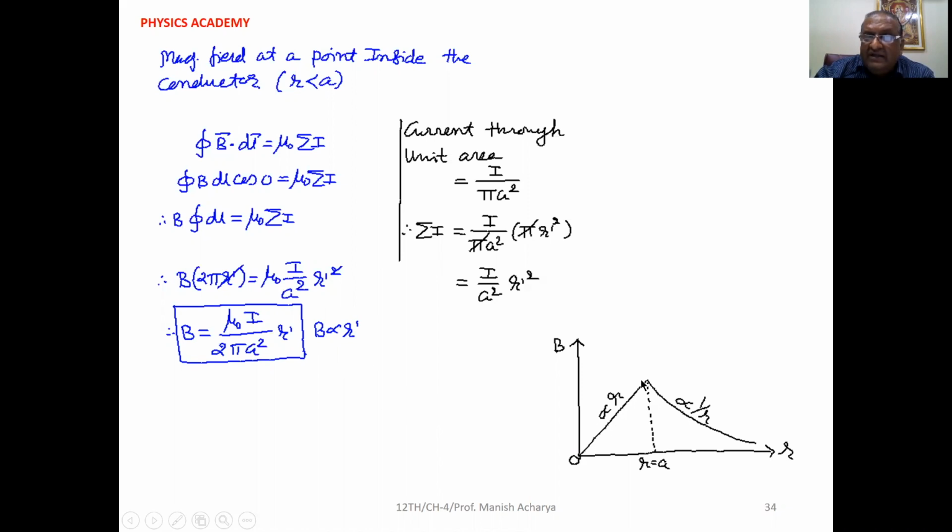So it is a straight line graph. Then outside it, magnetic field is proportional to 1 upon r, meaning from the surface it decreases as we move away. So this is the graph of B versus r. Clear to all of you?